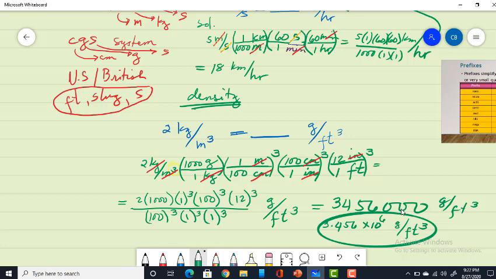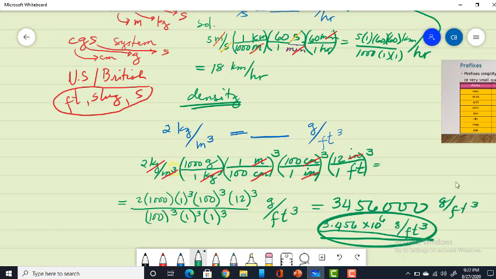Also write 2. So everything inside will be multiplied 2 times, not 3 times.